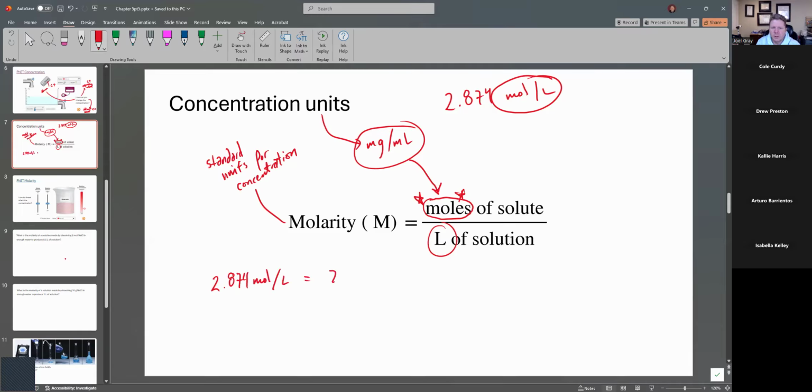This is the same as 2.874 with a capital M indicating molar, which is also the same as 2.874 moles over 1 liter. So I want you to be comfortable toggling between those and recognizing what those are.